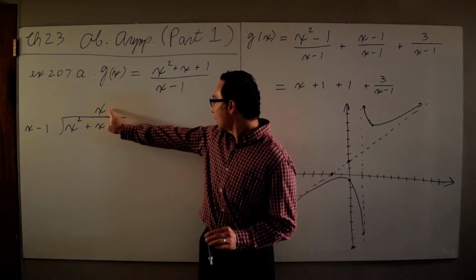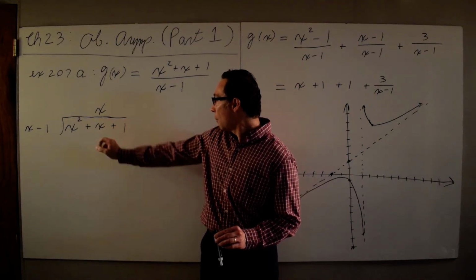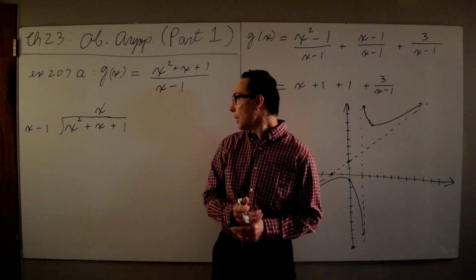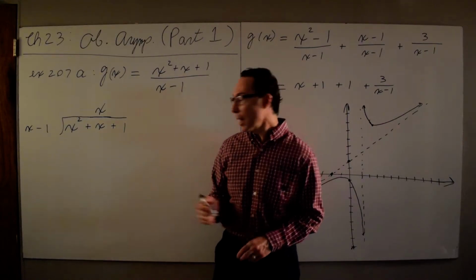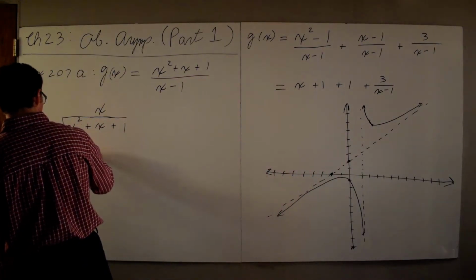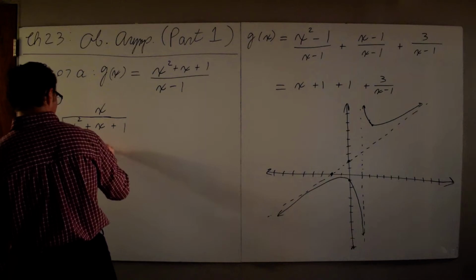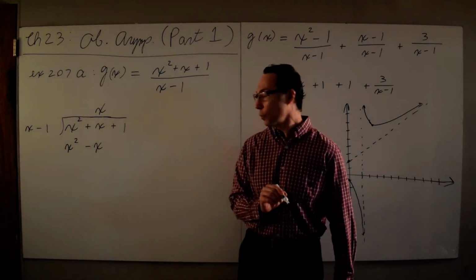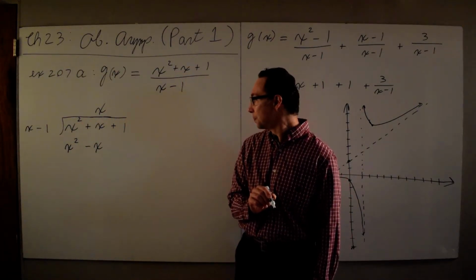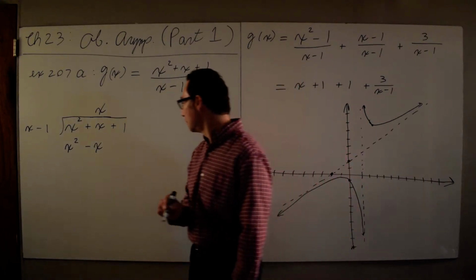But we have the x in the x position, and now we multiply x times x minus 1. When we do that, we have x squared minus x. Now we subtract.